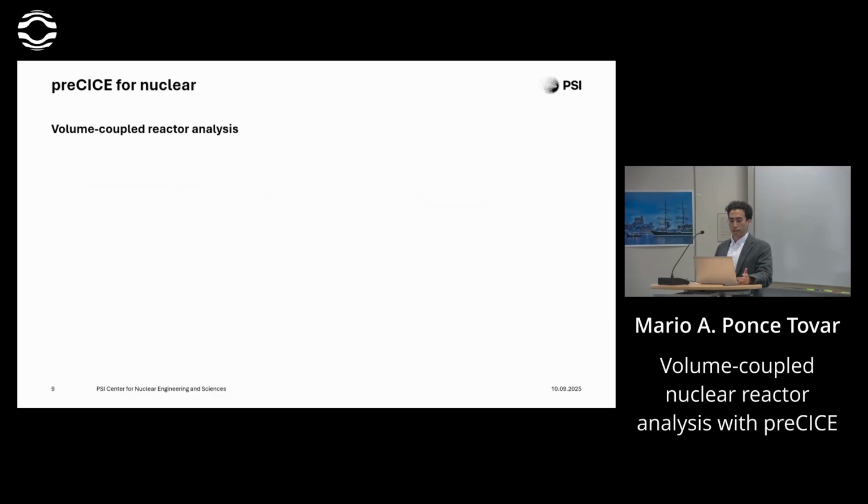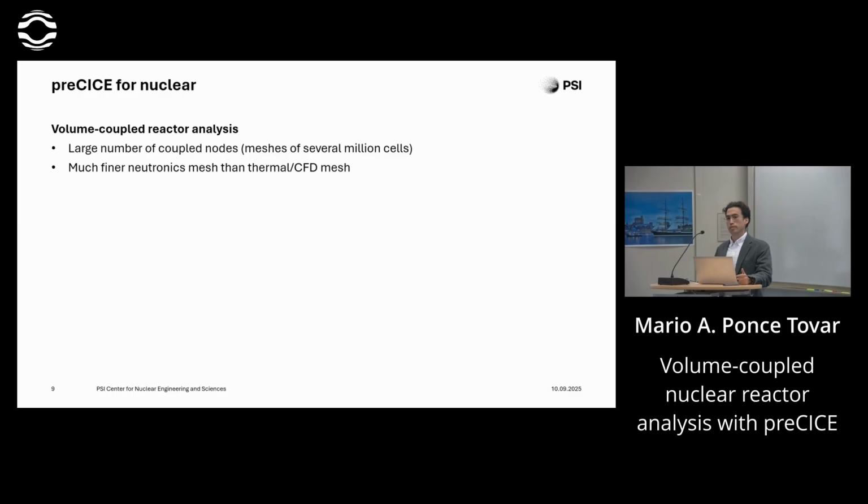And in this regard, some interesting challenges for doing volume coupling for reactor analysis is that they're fairly large problems, at least several million cells in a typical simulation. And when you couple the neutronics to the thermal behavior or CFD, there's going to be a big discrepancy in the mesh size.